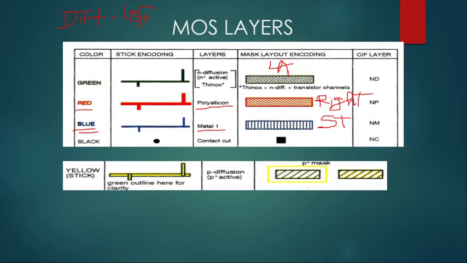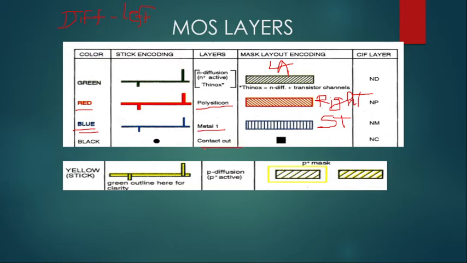So these are the basic things at least you should remember, because when you go ahead in this subject, many more complex layouts you are supposed to make, but you will not be able to make the complex layout till the time you understand the simple one. So the straight line is used for metal, and blue color is used for metal, and black color is used in stick diagram for making the contact cuts.